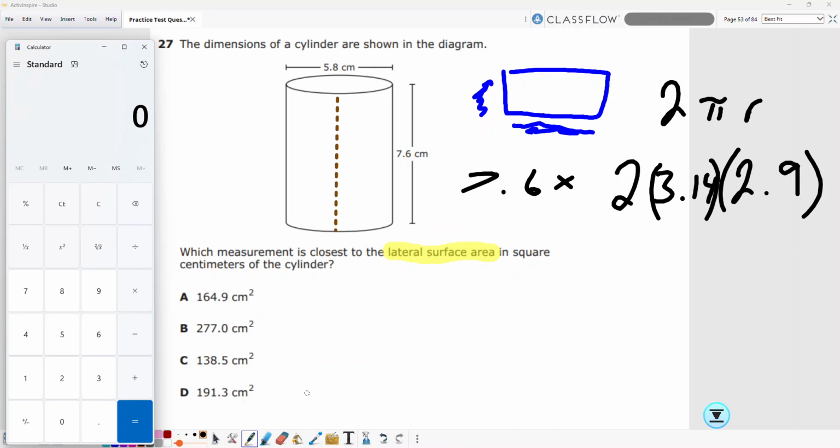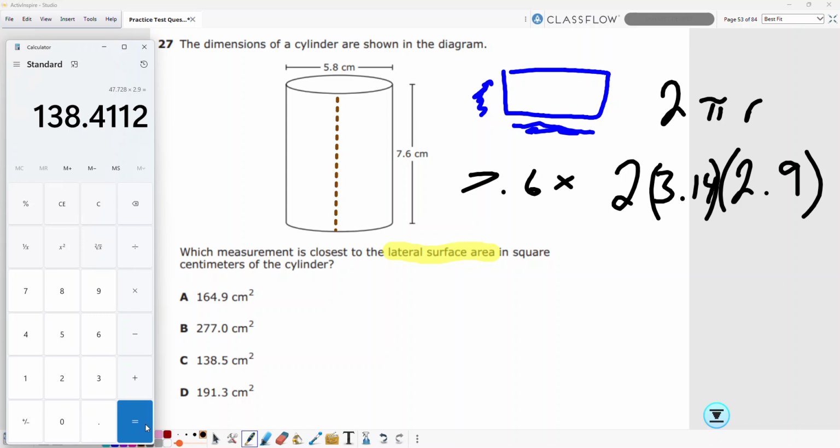So let's just do that. 7.6 times 2 times 3.14 times 2.9. So you get 138. If you just multiply this straight across, you get 138.